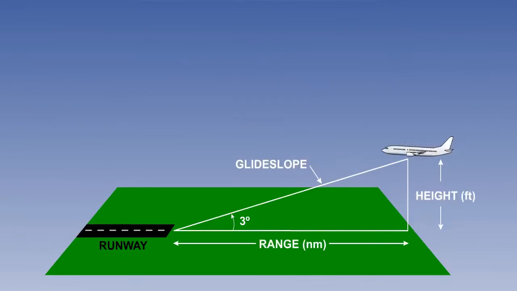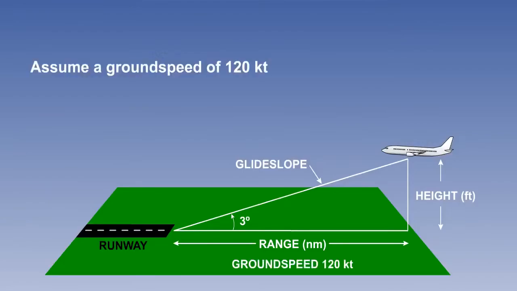Now assume that we've graduated from training and we're in a regional jet. The approach airspeed is 130 knots, and again we've got 10 knots down the runway. Our approach ground speed is now 120 knots. What range will we be at 1 minute to touchdown?